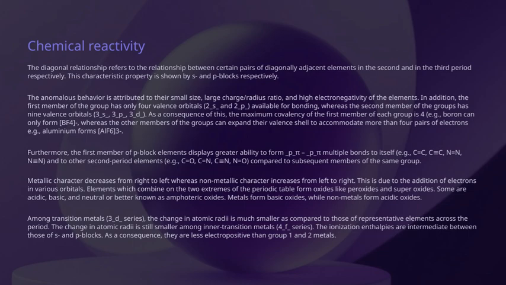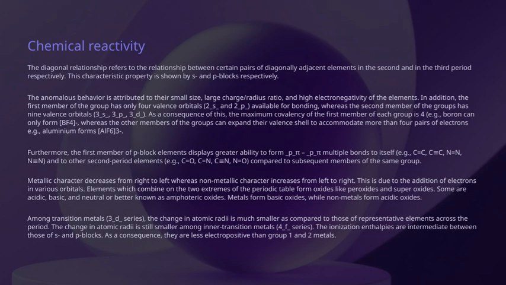This anomalous behavior is mainly because these first members are smaller in size, have a large charge-to-radius ratio, and high electronegativity. Additionally, they have only 4 valence orbitals, 2s and 2p, available for bonding. In contrast, the second members of these groups have 9 valence orbitals, including 3d, allowing them to expand their valence shell and form more complex bonds, like AlF6 3- in aluminum compounds.